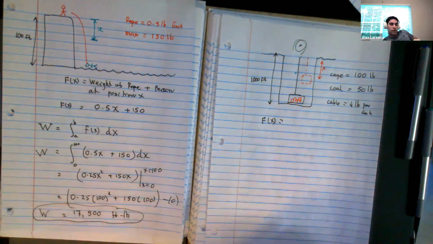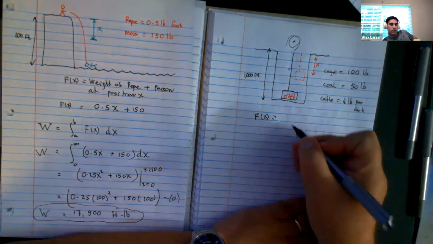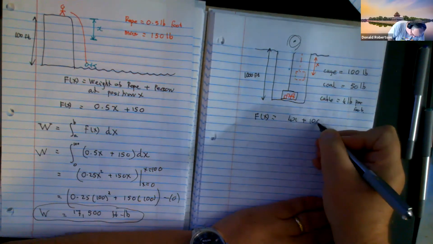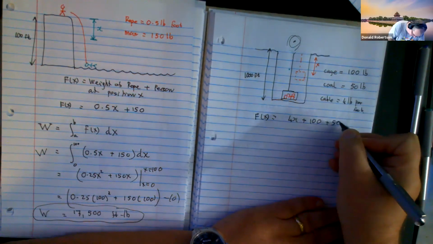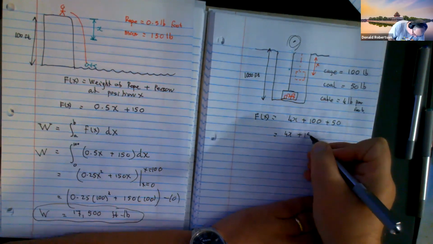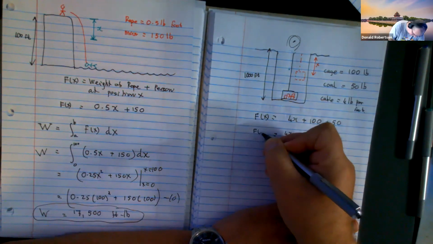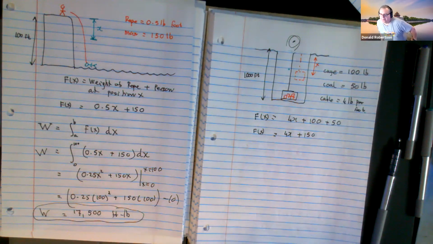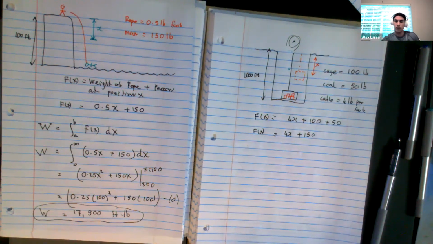Is it 4x plus 150? And you are correct. It is 4x plus 150. You want to tell me where the pieces came from? The 4 represents the cable at position X, and the 100 represents the cage, and the coal represents the 50.